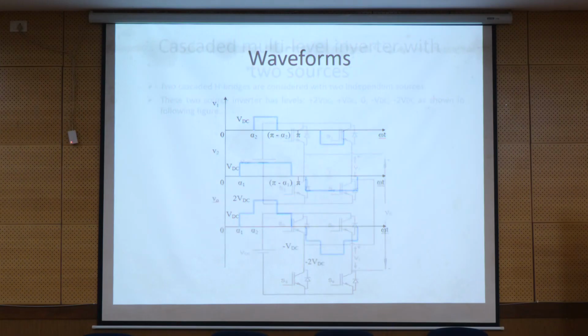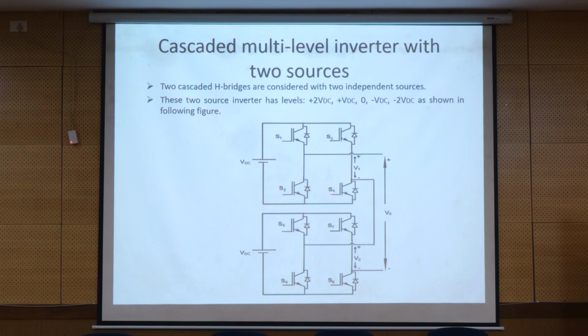One more interesting thing is that this one is VDC1 and this one is VDC2. The cascaded H-bridge multi-level inverter has two types of classification: the symmetrical configuration and the asymmetrical configuration.